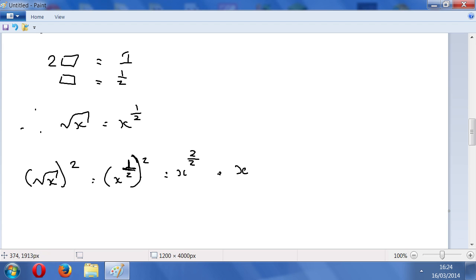This is the problem when you go up. Yeah, I suppose if the squared had been in here, it would not be as good. But because it's outside, that's interesting, isn't it? That x to the half squared equals x to the 2 over 2.